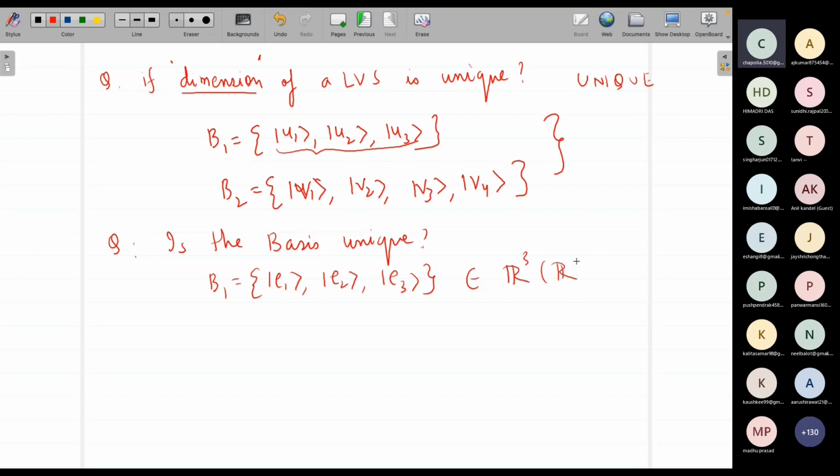So now, are these vectors unique? No, sir. And what can be another basis for this three-dimensional space? Can you give me any other example?